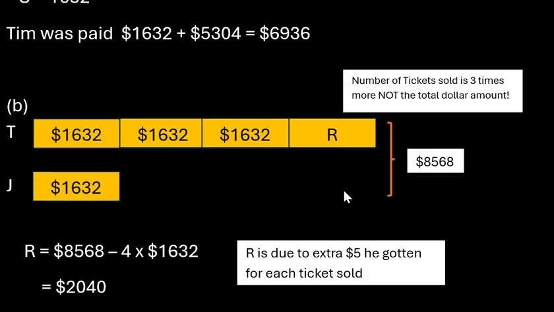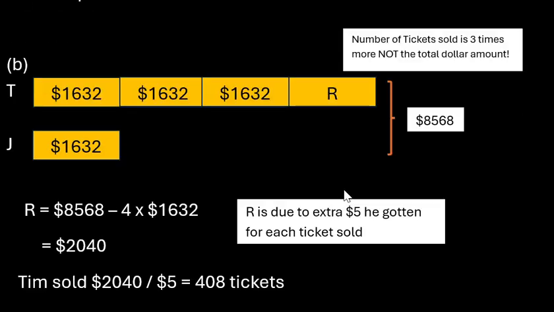Let's call this extra amount R. We know it must be 8568 minus 4 times 1632. 4 times 1632 gives you 6528, so the extra is 2040. I repeat, the number of tickets sold is 3 times more, not the total amount.